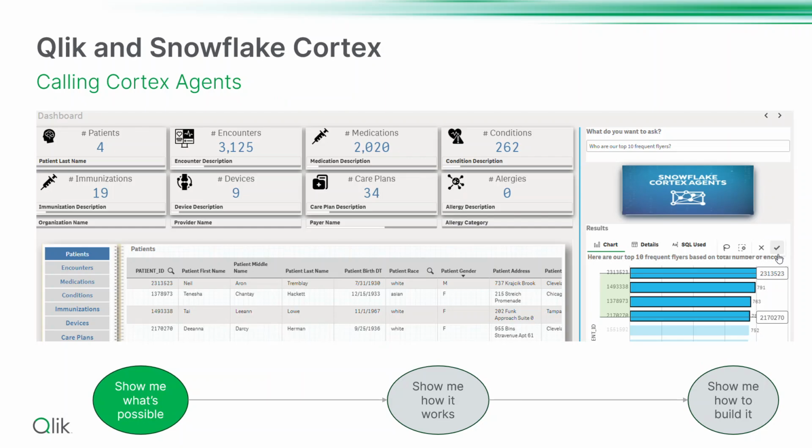So not only can I see who those frequent flyers are, when their first and last encounters were, I can see everything about every one of their encounters. I would be able to see all of their medications, conditions, immunizations, and devices they might have as part of their body. I want to see the care plans. I want to see allergies. I want to see.